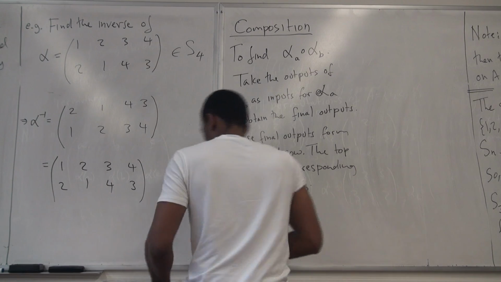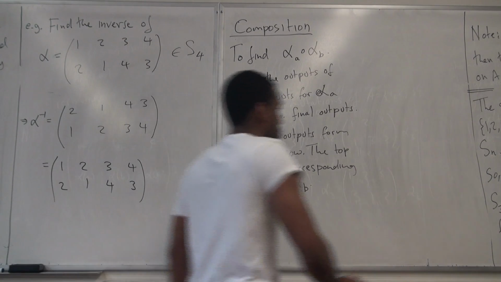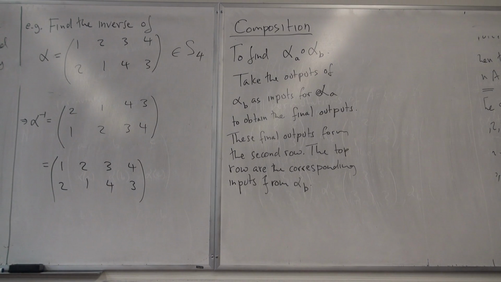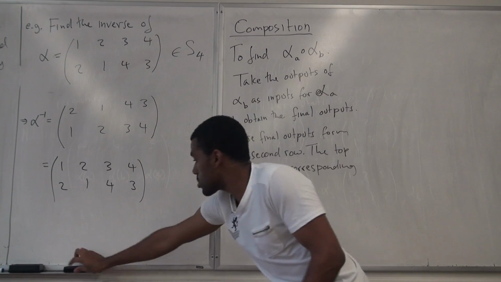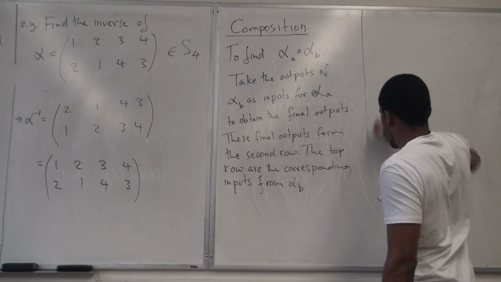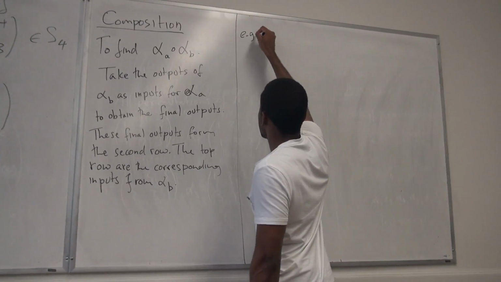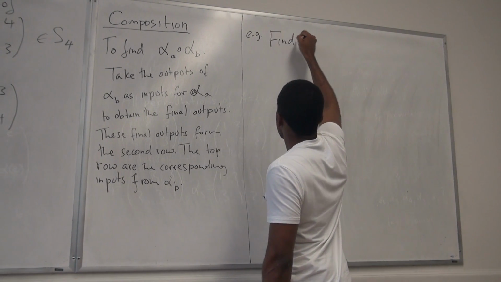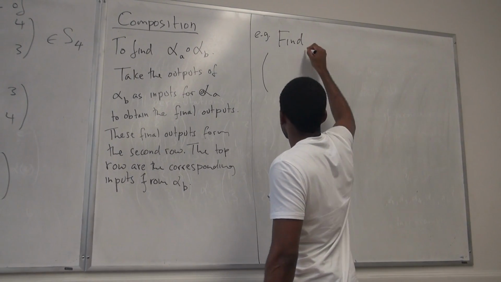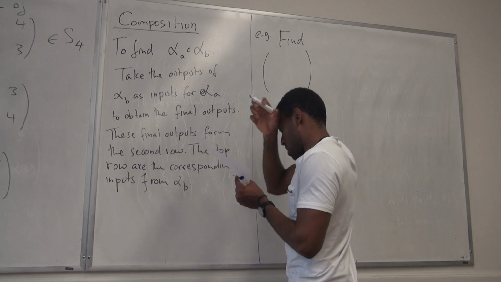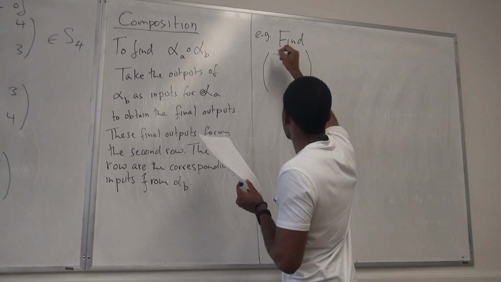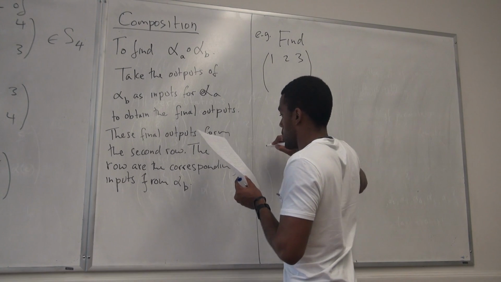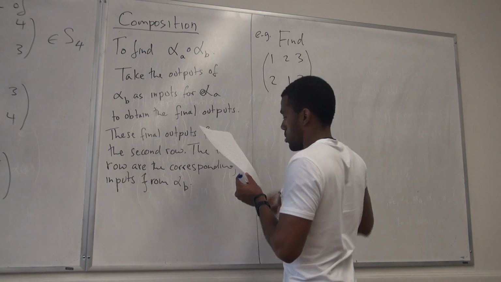So let's do an example. I have 2, 1, 3 composed with 3, 2, 1, which is 1, 2, 3 going to 3, 2, 1.